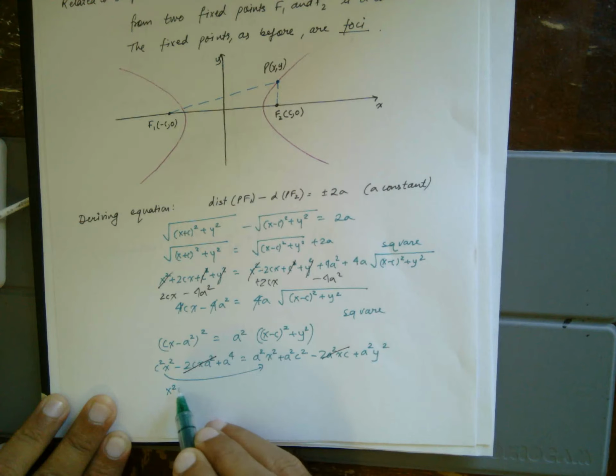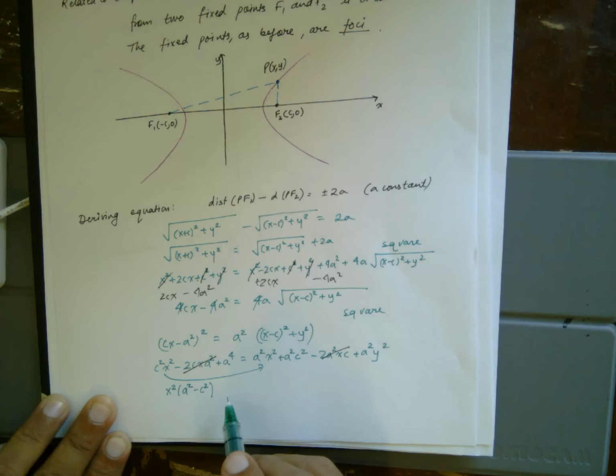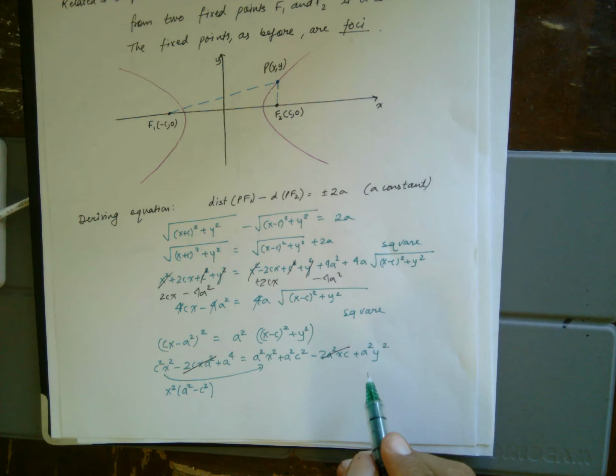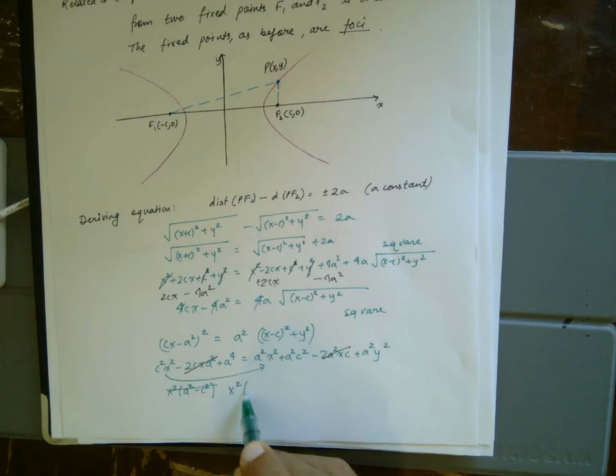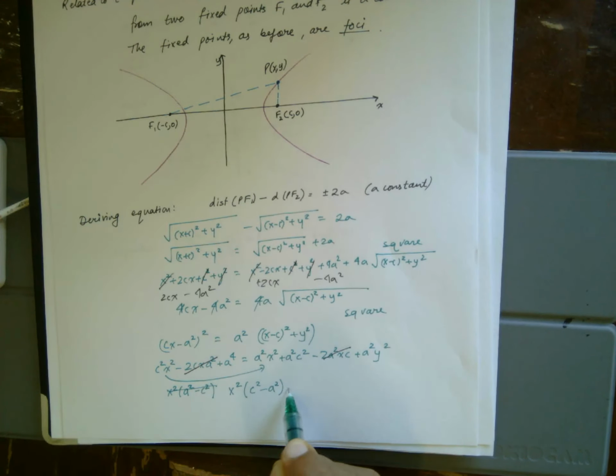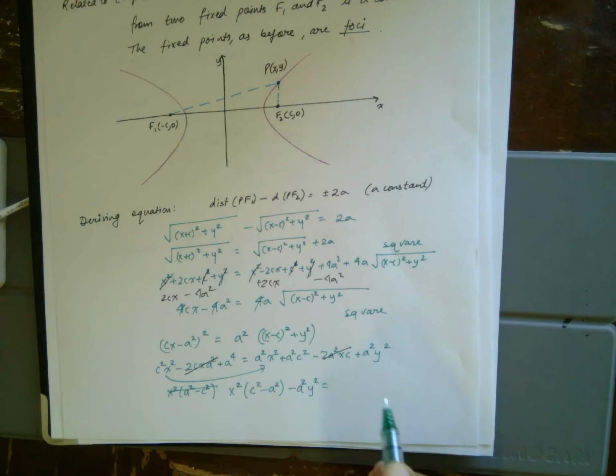Let's collect like terms. So send this here. So I have x squared times (a squared minus c squared)... let's collect it here. So I get x squared c squared minus a squared c squared equals a squared times (c squared minus a squared).